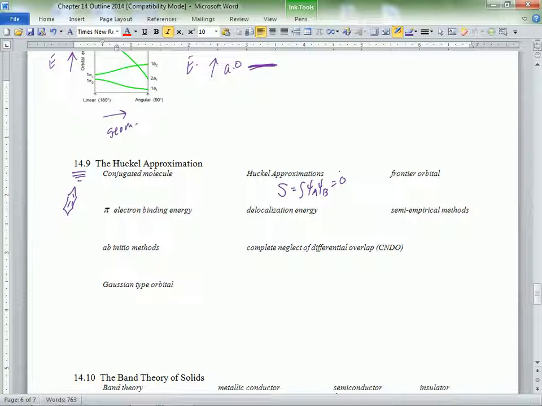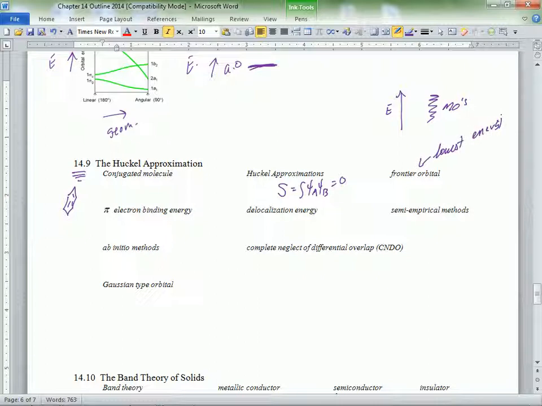I think someone mentioned when you start having all these molecular orbitals and all their energies, and you put them where they're at, you can have the lowest energy transition.